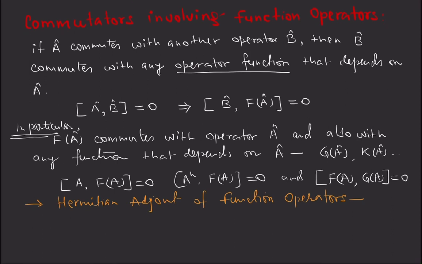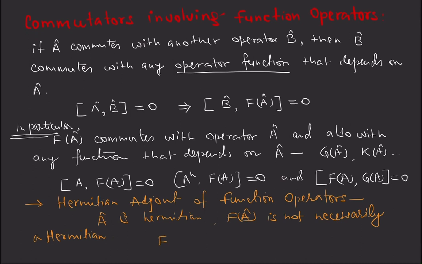So we are talking about the Hermitian adjoint of the function operators. If operator A is Hermitian, then f(A) is not necessarily Hermitian, it may be Hermitian, it may not be Hermitian.